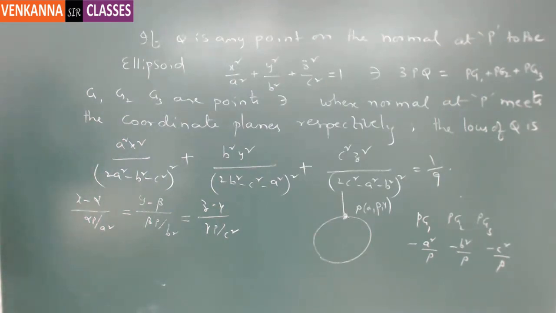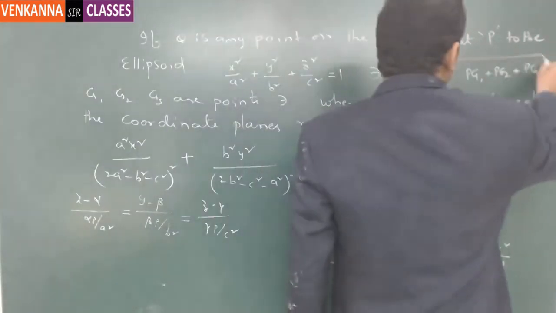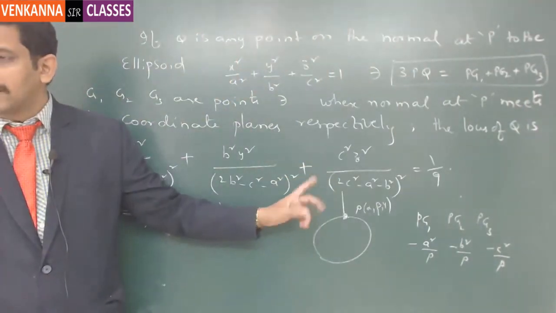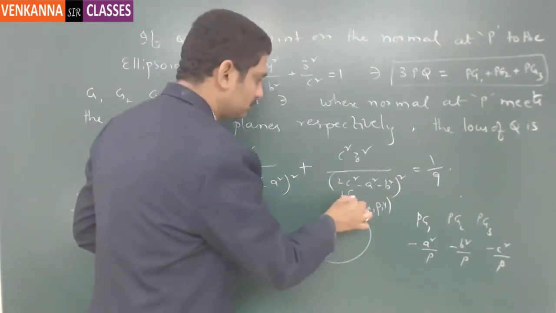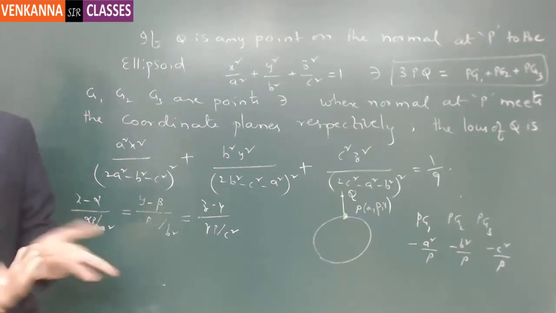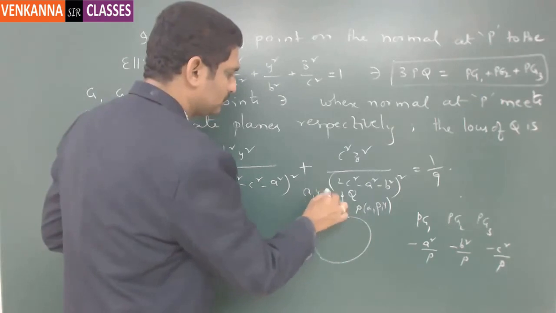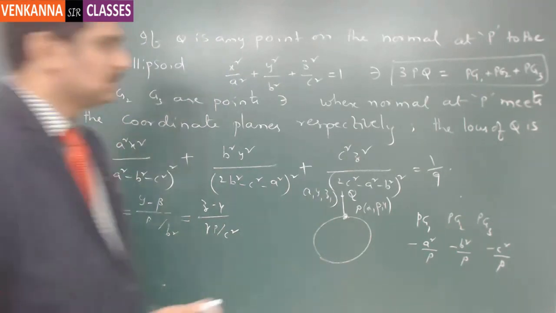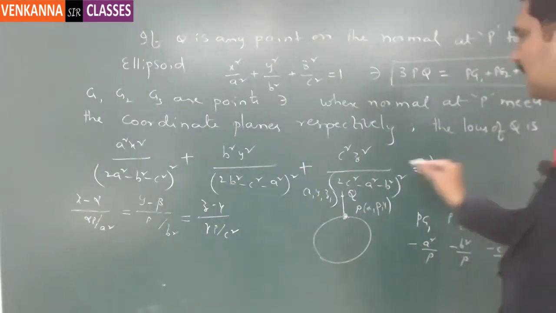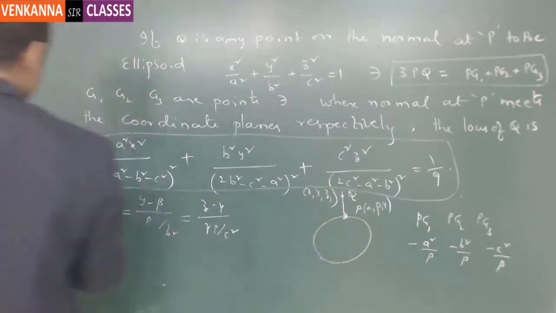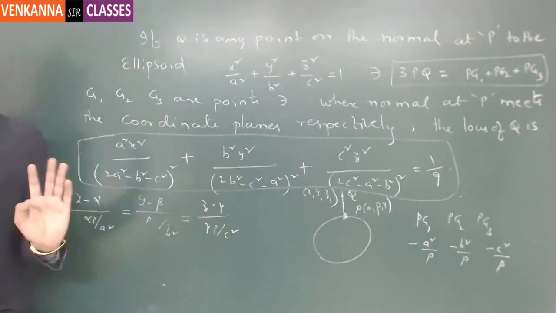Then the second thing is, one relation is given in the problem. On this normal, I have taken one more point Q. Let us take that the coordinates of Q are x1, y1, z1. So we have to prove that the point Q satisfies this condition, the locus of Q. The solution is already given in the problem.